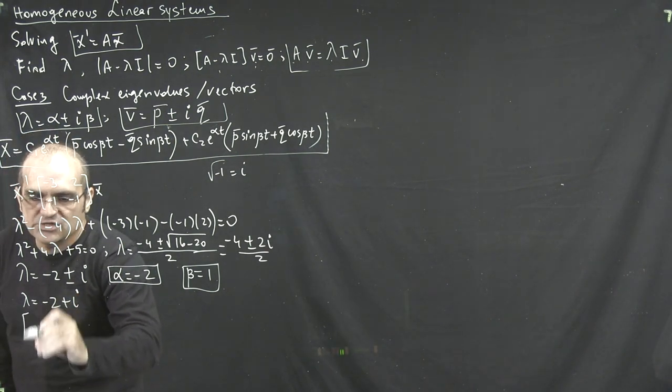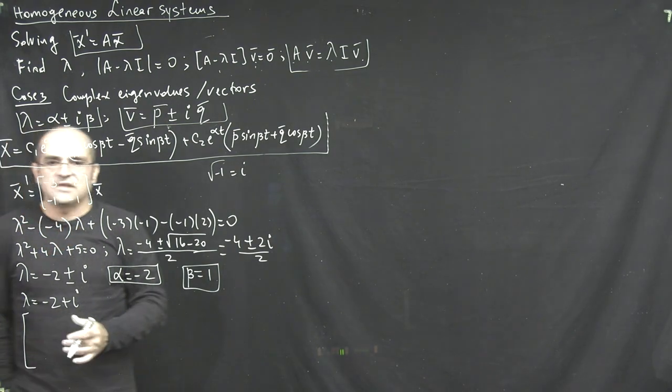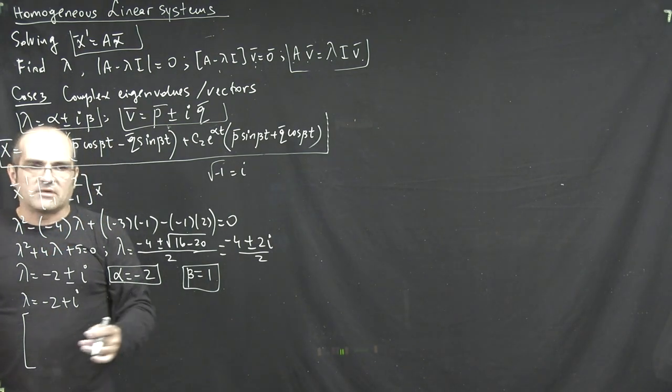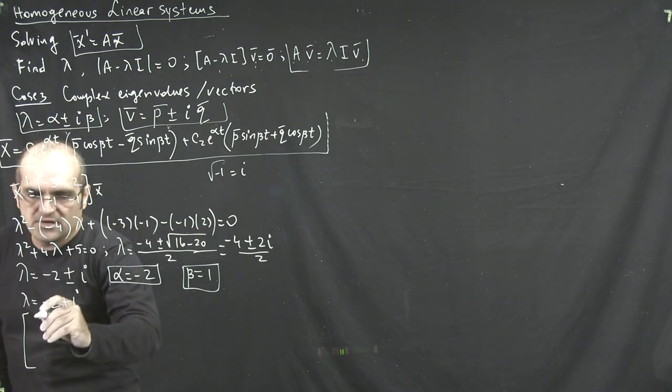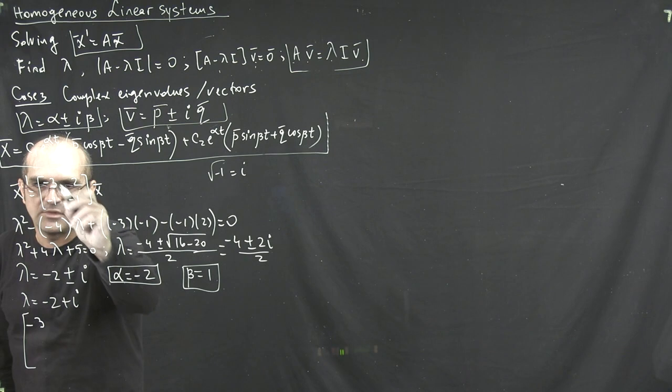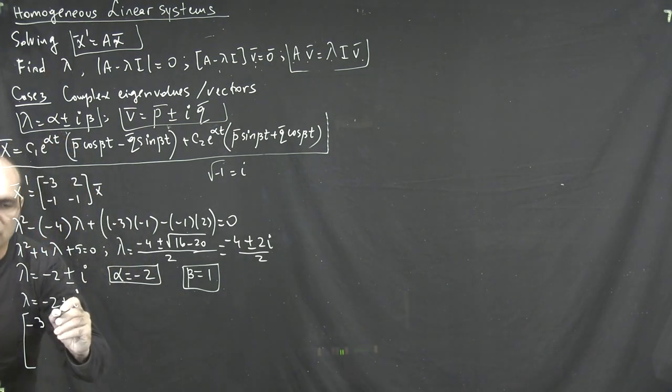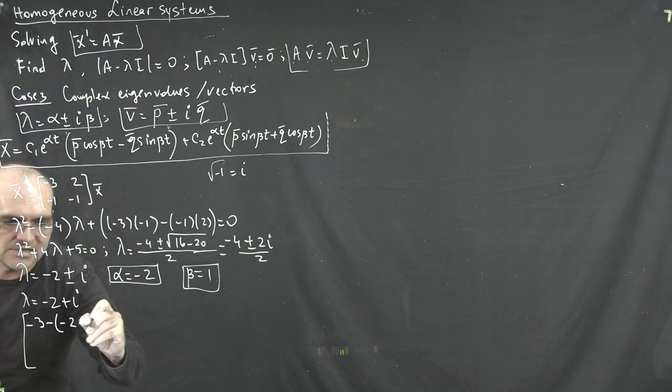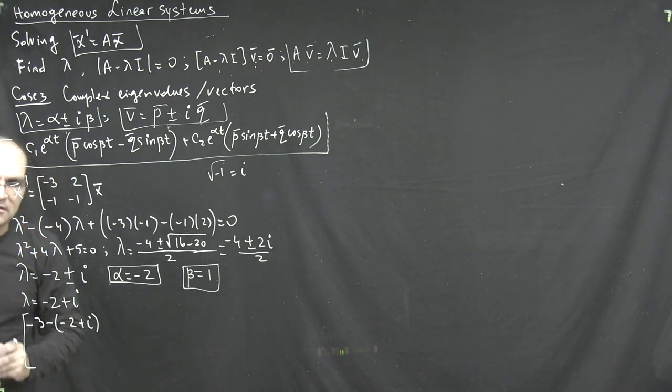And the way to find it is just like before, right? You're going to subtract the eigenvalue from the main diagonal. You must use parentheses here. Be very careful with the algebra. When I say you subtract minus 2 plus i from the main diagonal, you mean you take out minus 2 plus i, the whole quantity, from minus 3.